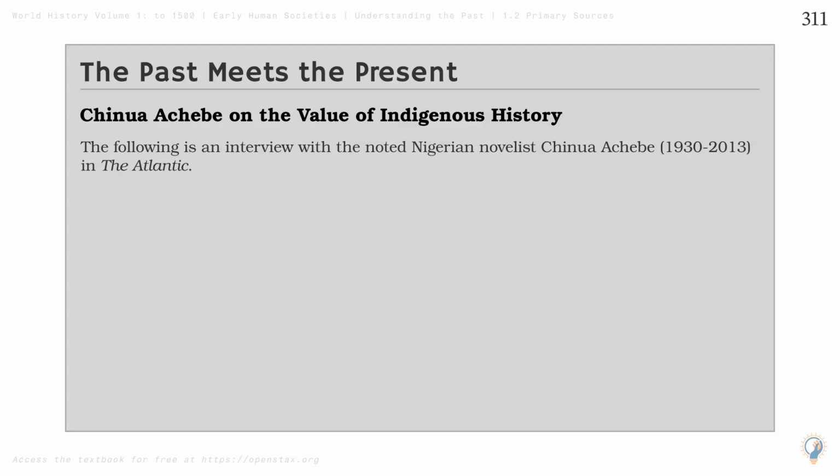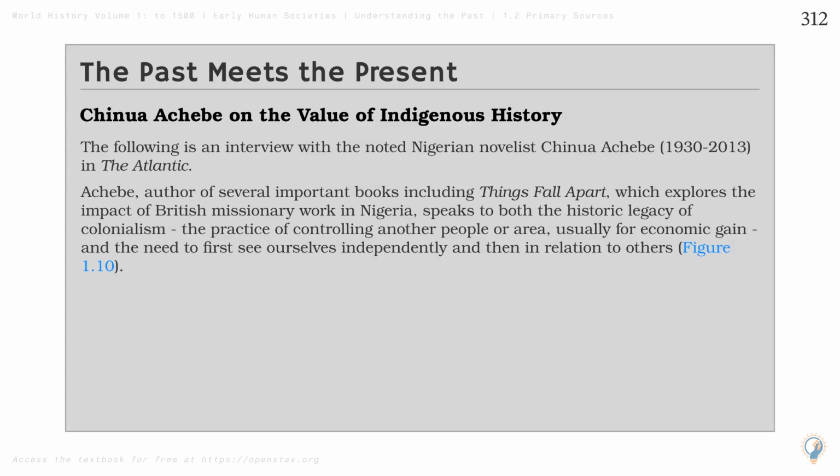The following is an interview with the noted Nigerian novelist Chinua Achebe, 1930–2013, in The Atlantic. Achebe, author of several important books including Things Fall Apart, which explores the impact of British missionary work in Nigeria, speaks to both the historic legacy of colonialism, the practice of controlling another people or area, usually for economic gain, and the need to first see ourselves independently and then in relation to others.